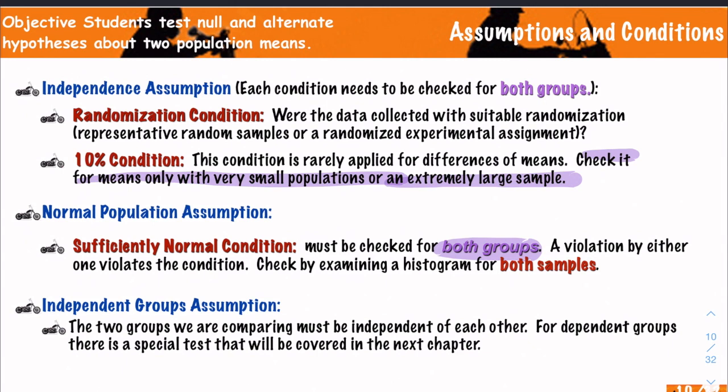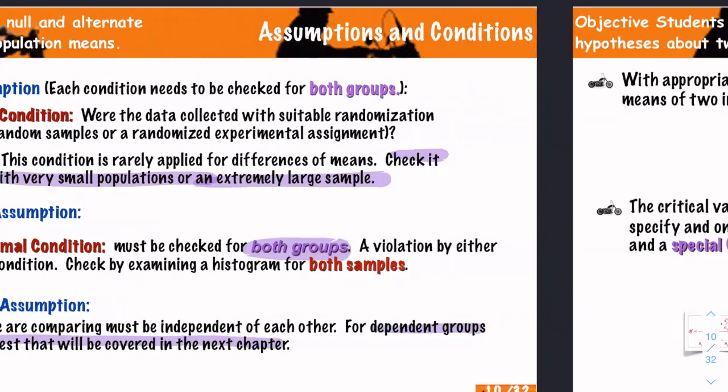The last one we have to check is the independent groups assumption. The two groups we are comparing must be independent of each other. For dependent groups, there is a special test that will be covered in the next chapter, and that's where we have our paired sample test.